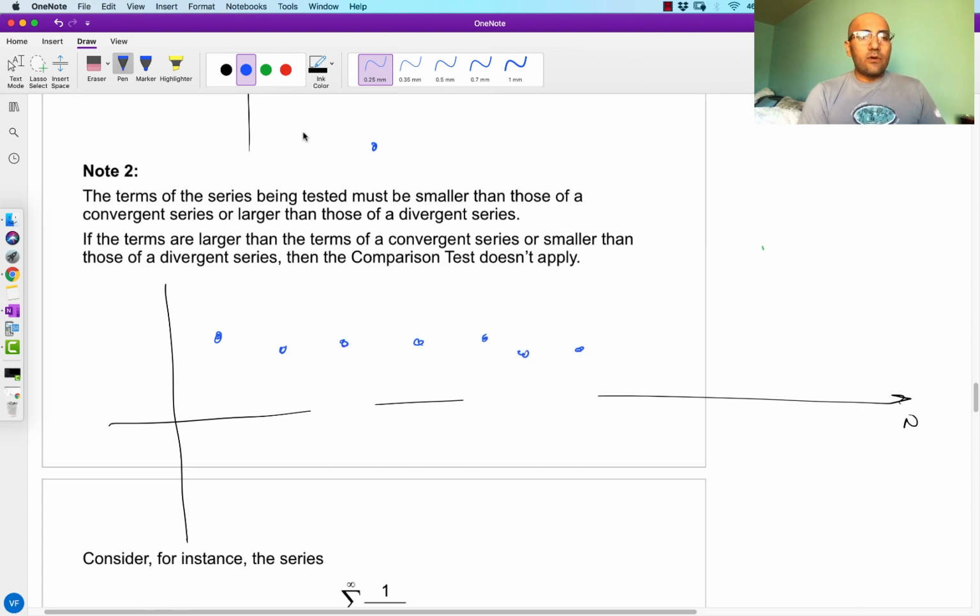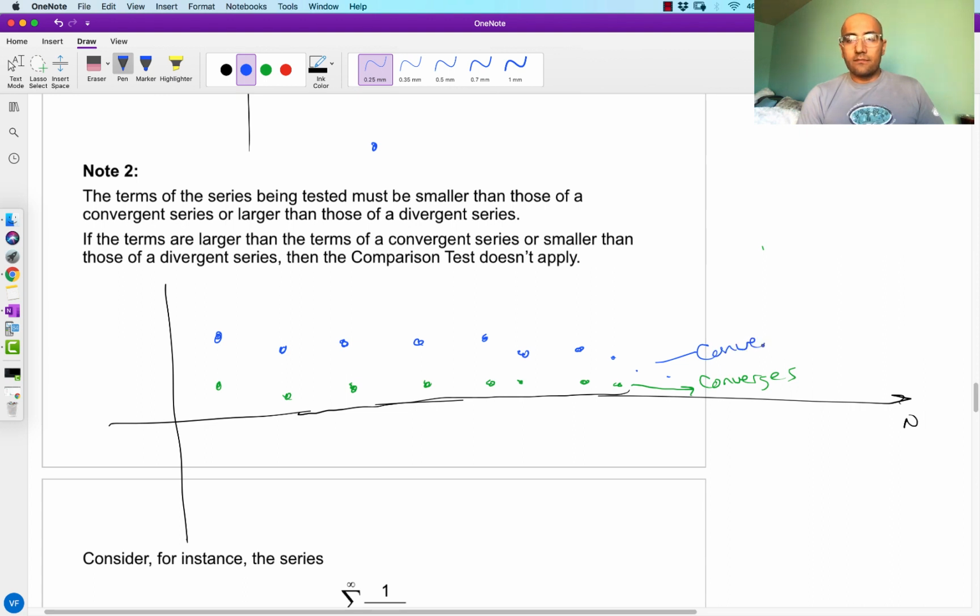Maybe there they are. And you establish a comparison where we find that this new sequence of green ones is always smaller. Maybe they look like this. So it's always true that the blue one is a little larger than the green one, and we happen to know that the green one converges. Well, the green one converges. What does that mean about the blue? It doesn't mean anything. Maybe the blue one follows it and begins to converge as well.